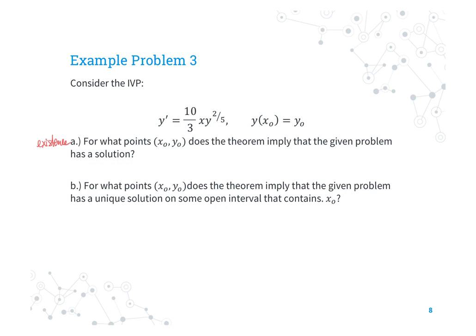So where does it exist? Well, are we ever going to be taking an even root of a negative number? No. Are we going to be dividing by 0? No. Do we have any asymptotes? No. So there are no limits to what x and y can be.